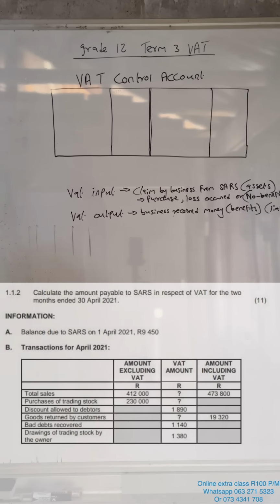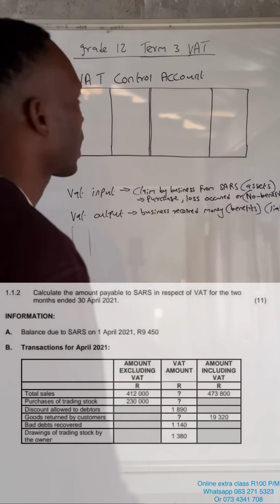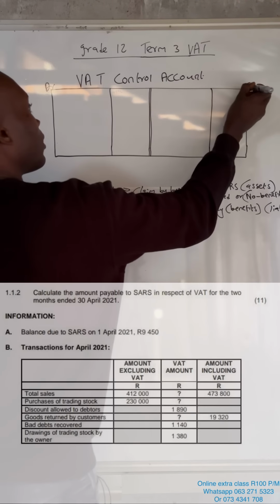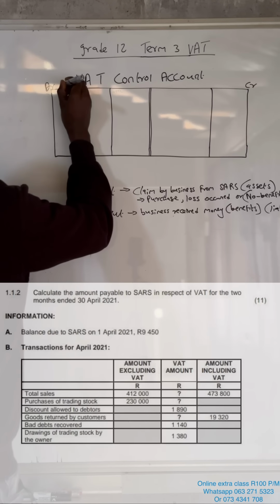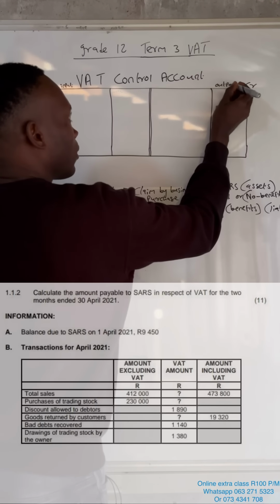Okay, now let's check the question paper that we have. Maybe before that, guys, the VAT control account is more like a T account. It has a debit side and it also has a credit side like this. So what happens here, guys, is that input is recorded on this side of debit, output is recorded on this side.